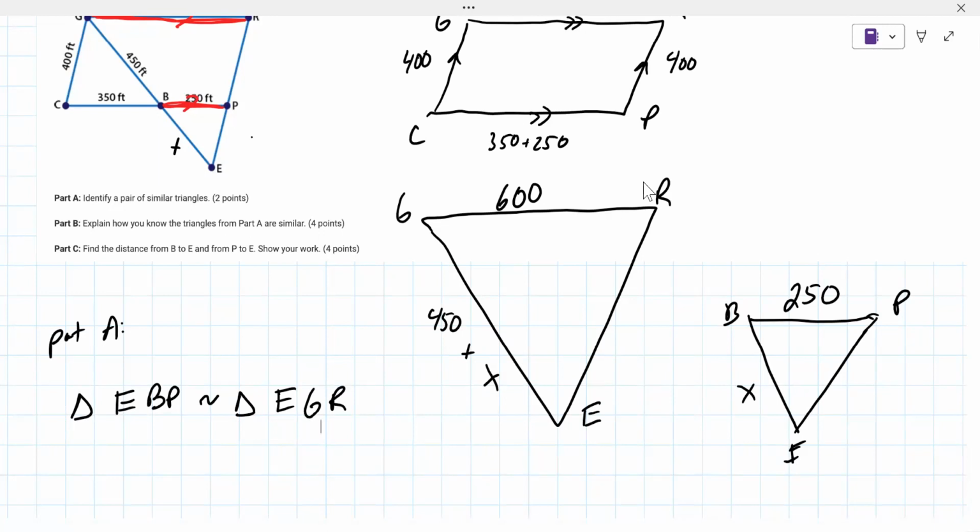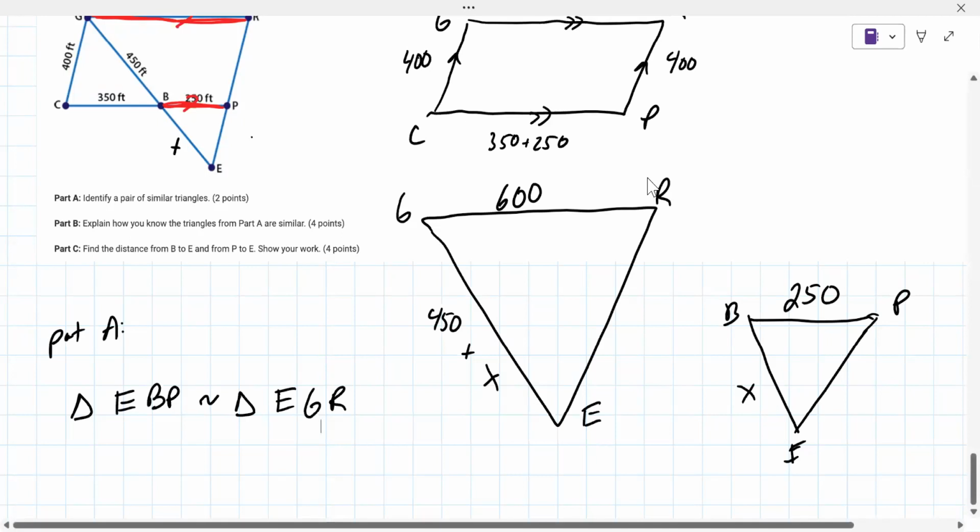Got it. So wait 1 second. So EBP and EGR. One second, I realized it was not for this question.